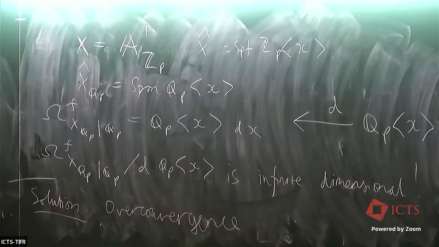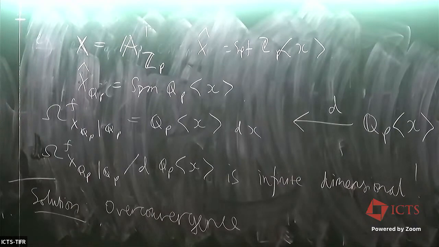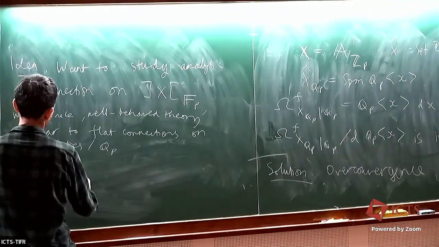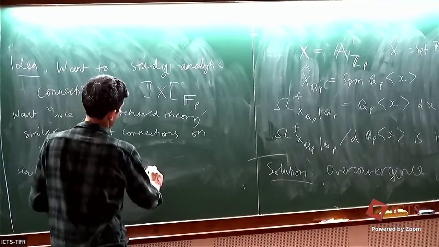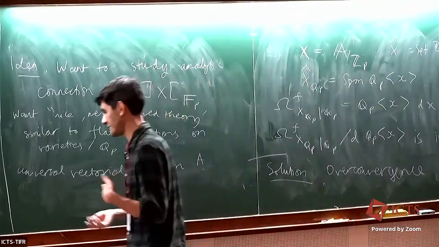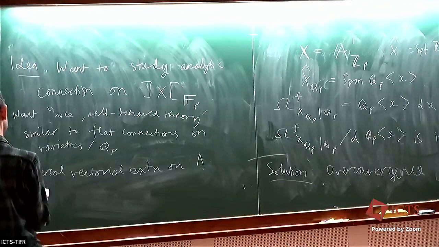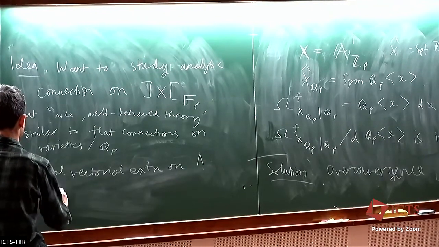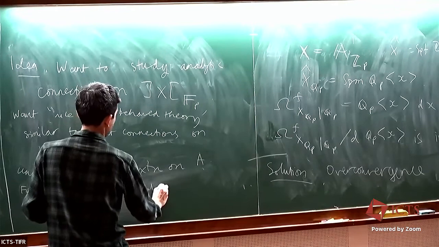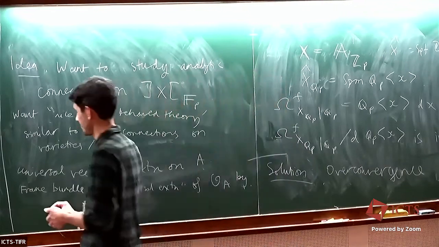So I think there is actually a very nice dictionary which relates the universal vectorial extension on an abelian variety to something which can be described in terms of the de Rham fundamental group, but I guess it's really more like the frame bundle on the universal extension of O_A by itself in the category of connections.